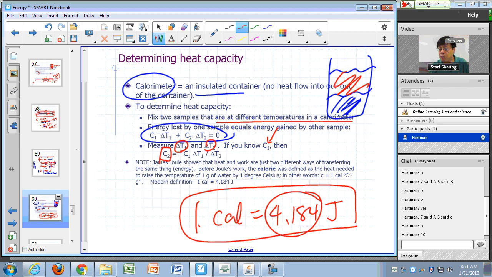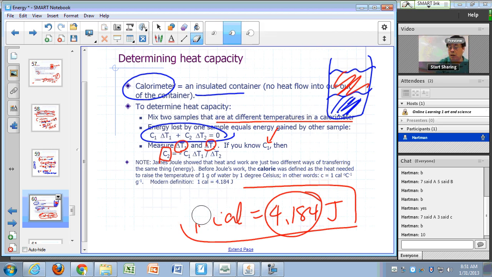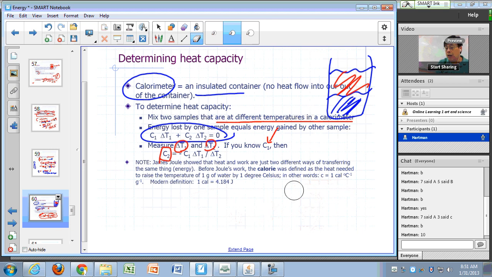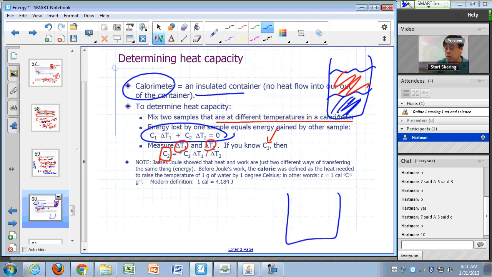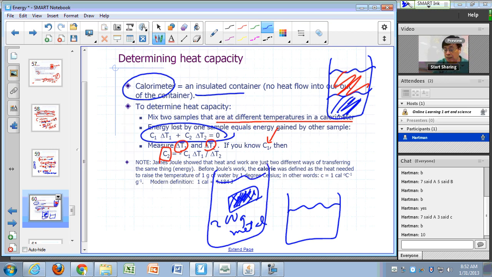So you mix something with water. In the experiment that you're going to be doing, you have room temperature water, and you're going to use at least a 200-gram piece of metal, a metallic rod or disc, and you're going to immerse that metal in an ice water bath.